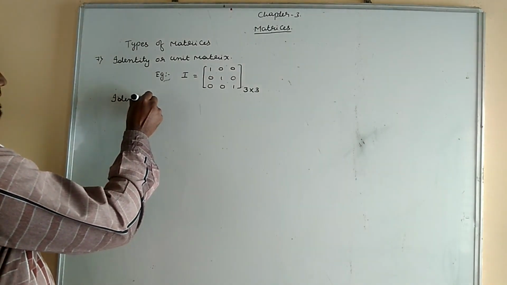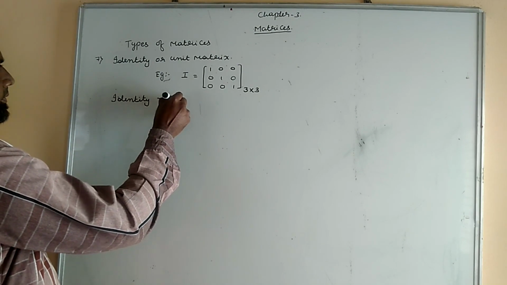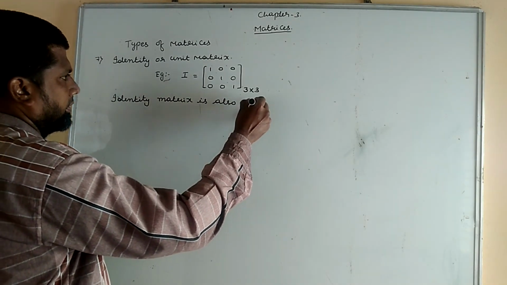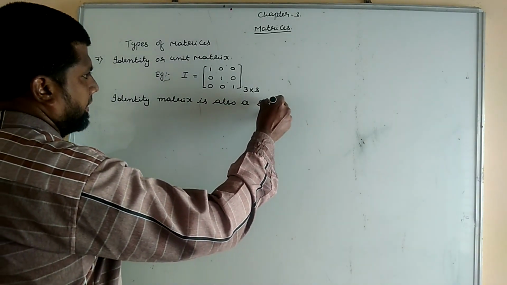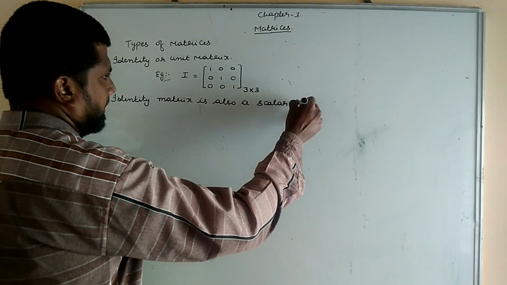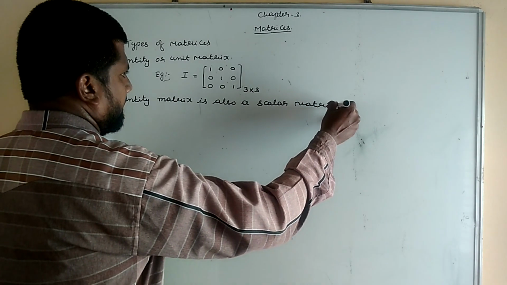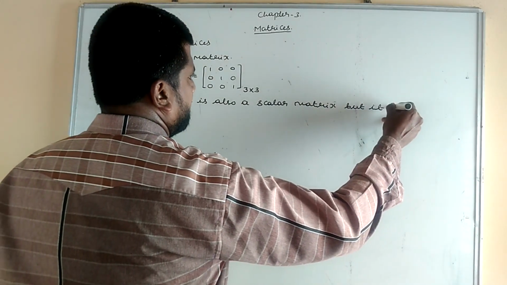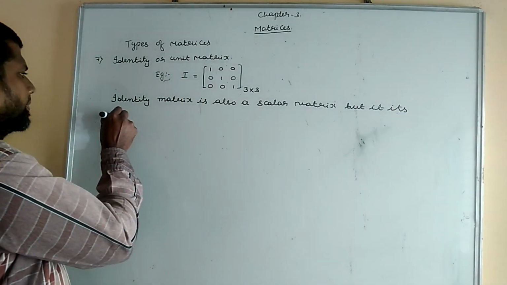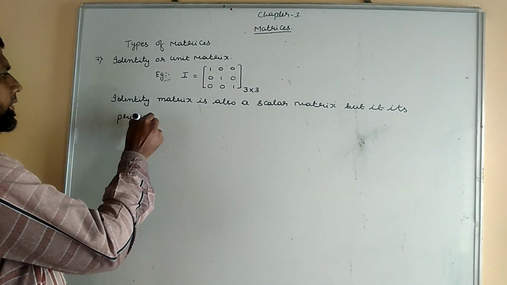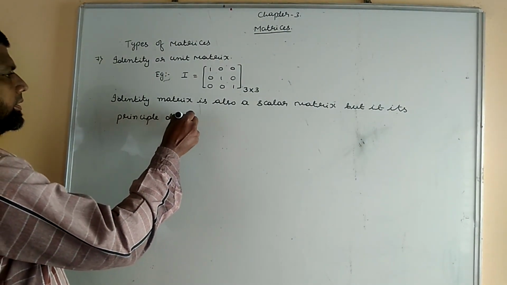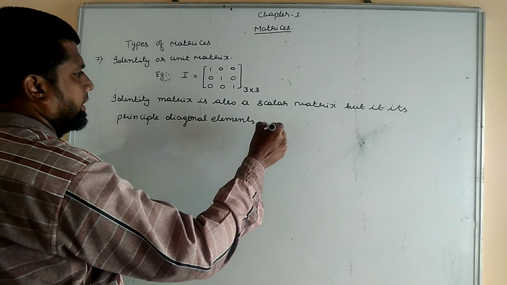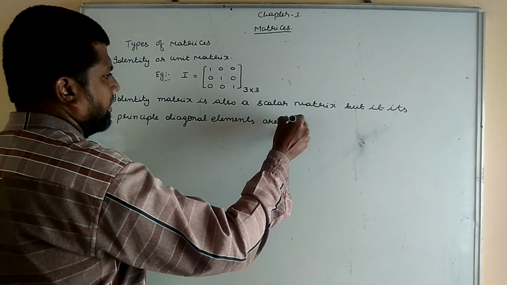Identity matrix is also a scalar matrix, but its principal diagonal elements are 1.